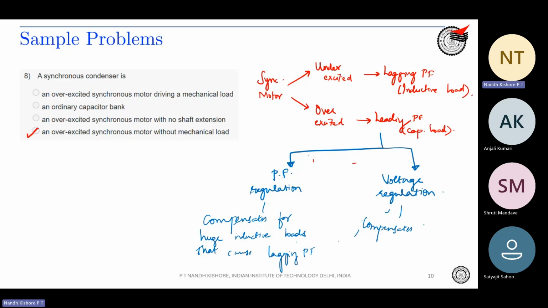So this compensates for voltage drop in transmission lines.